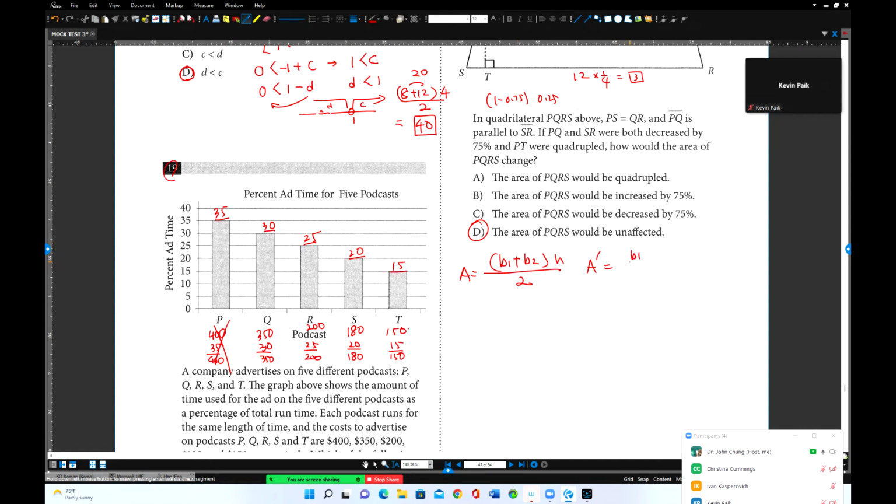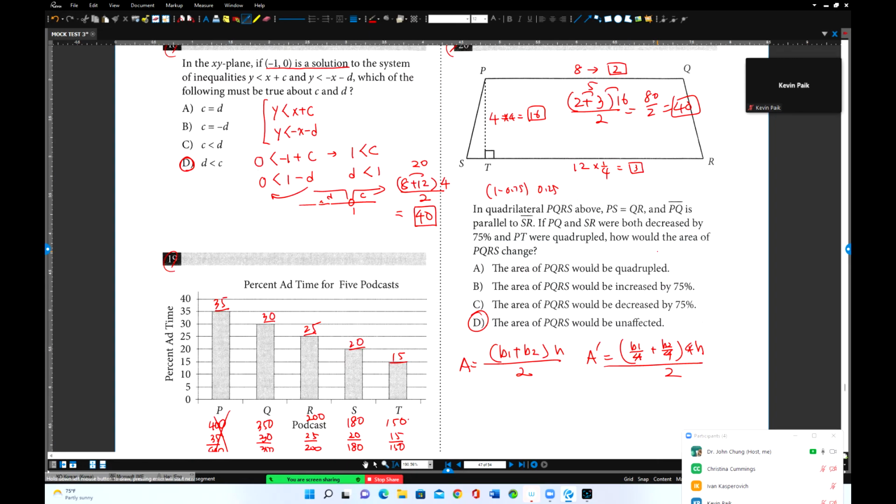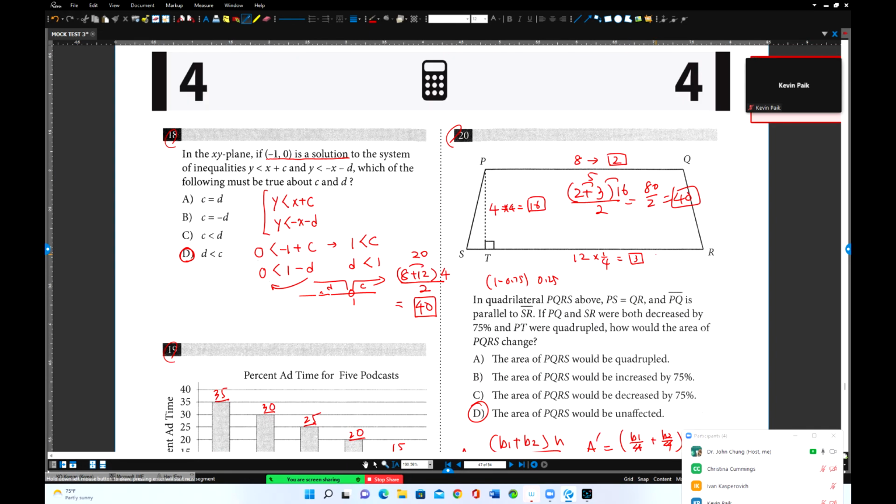So B1 becomes B1 over 4, and B2 becomes B2 over 4. But H becomes 4 times, so 4H, divided by 2. But when you multiply it out, it's the same number, right? B1 plus B2 times H, it's going to be the same area, okay? You can use the algebraic expression too, okay? That is number 20.